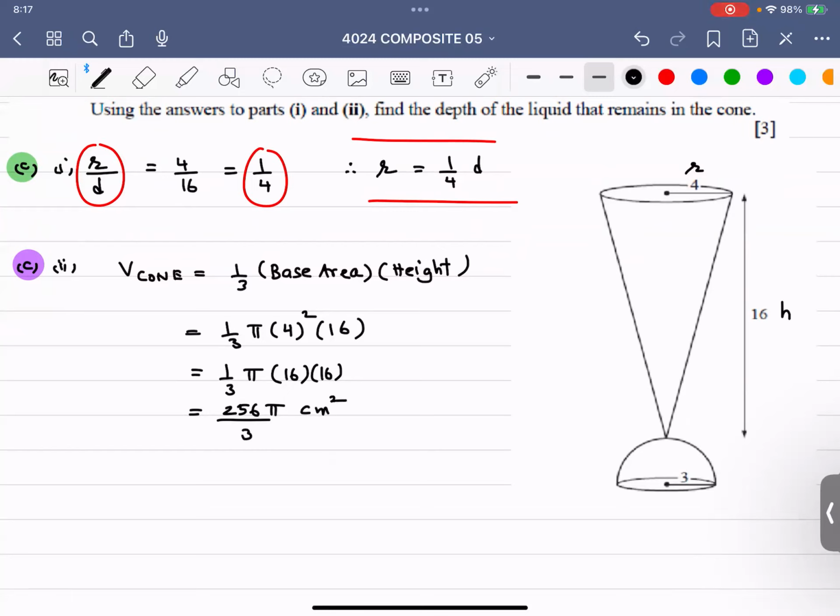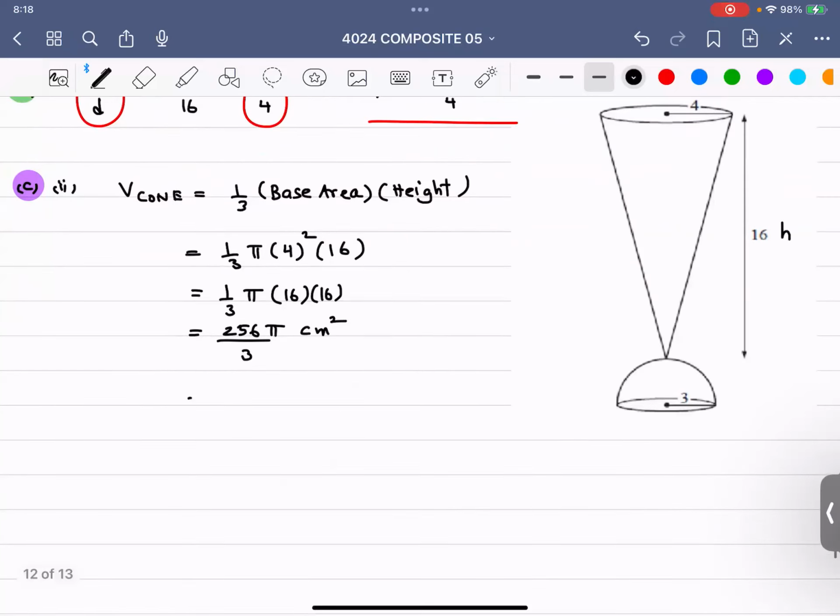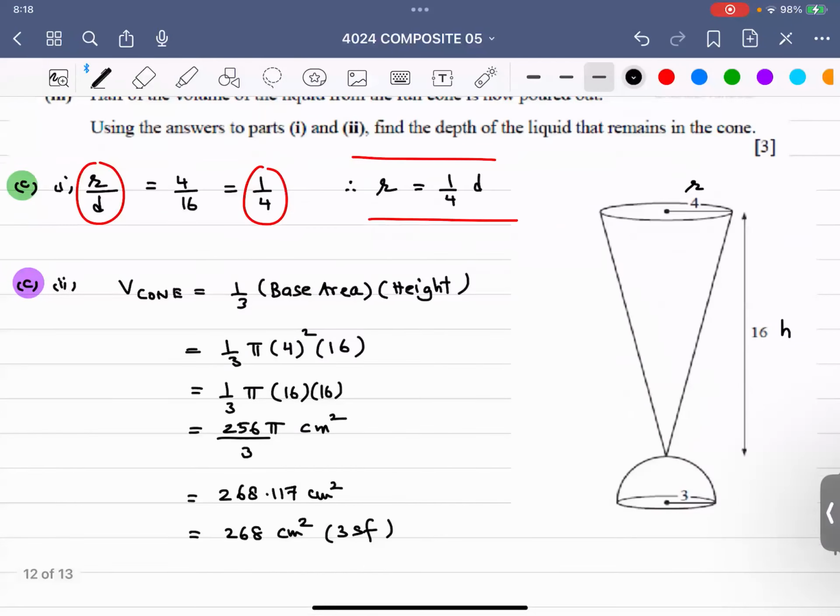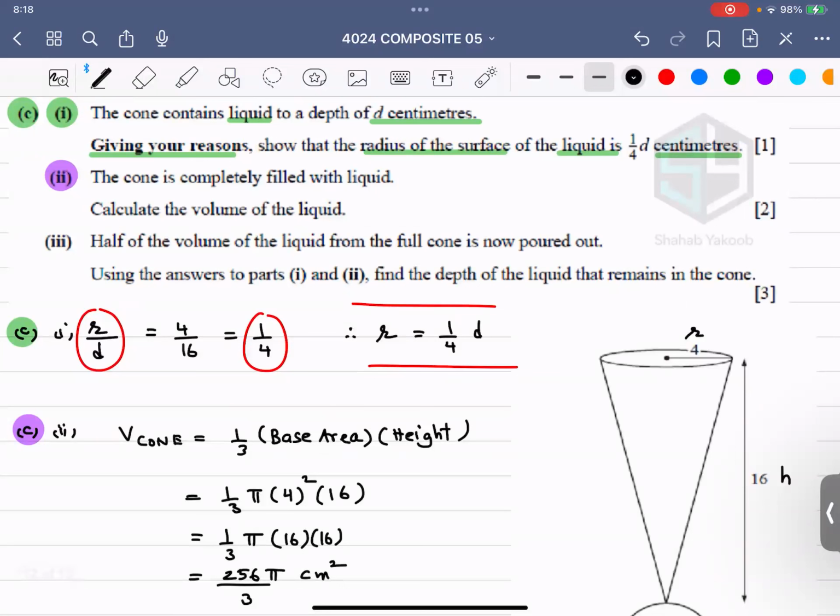And let me use the value, that's 256 divided by 3 into 3.142. This comes out to be 268.117 centimeters square, which is 268 centimeters square, correct to 3 significant figures. So the C part 2 is done. Now, the last part, that is this.